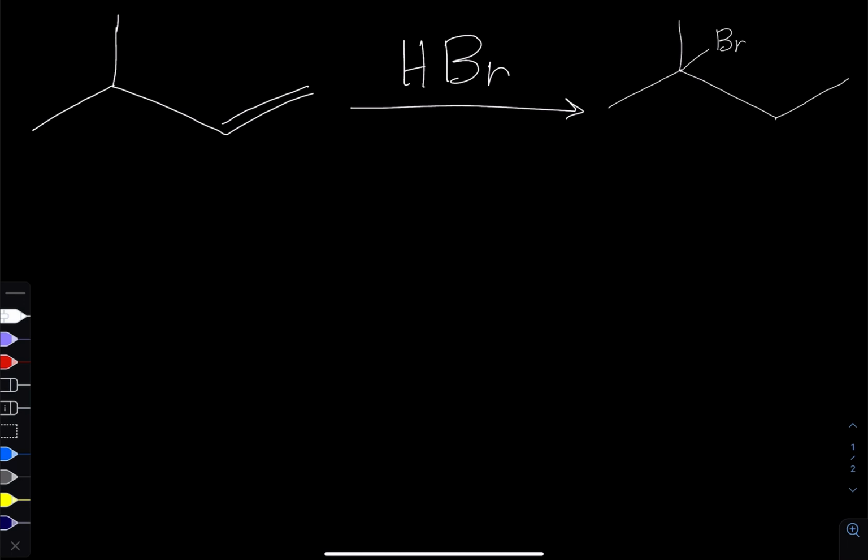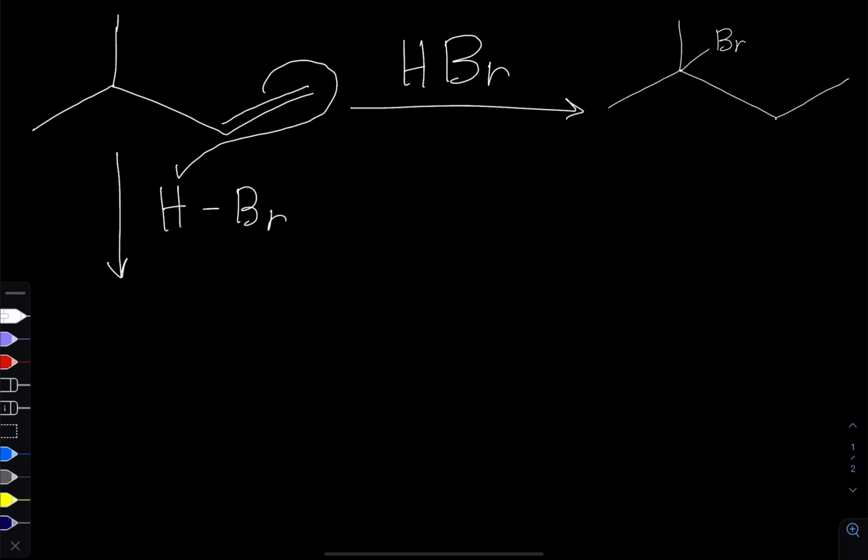If we do this reaction on top, the mechanism starts the same way. These pi electrons are going to attack the hydrogen, and then the electrons from the bond are going to leave, and the bromine is just going to leave. So now we get a carbocation here with the extra hydrogen on this carbon.